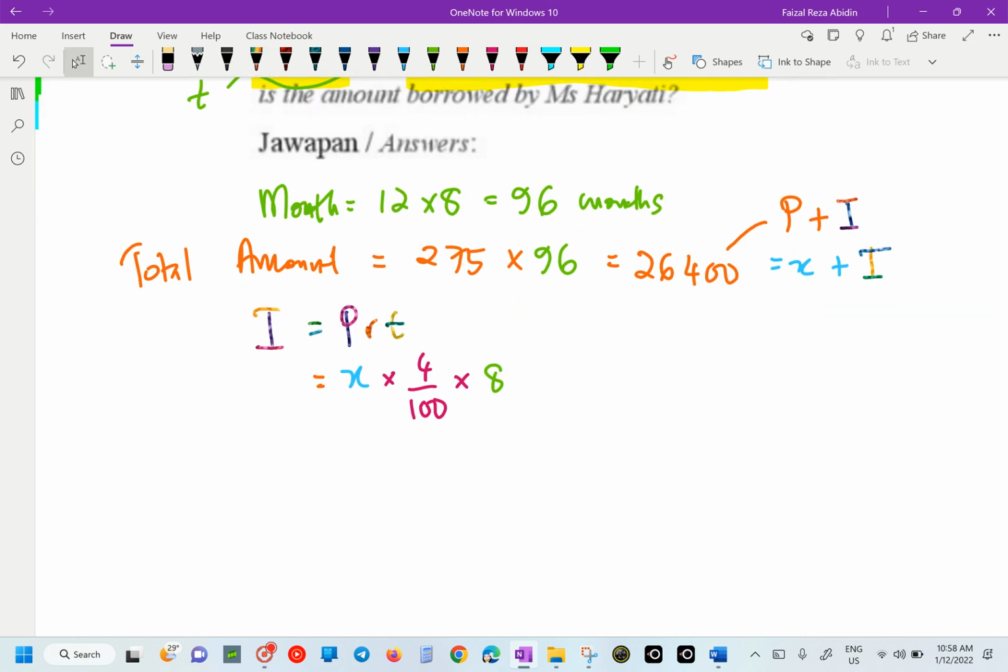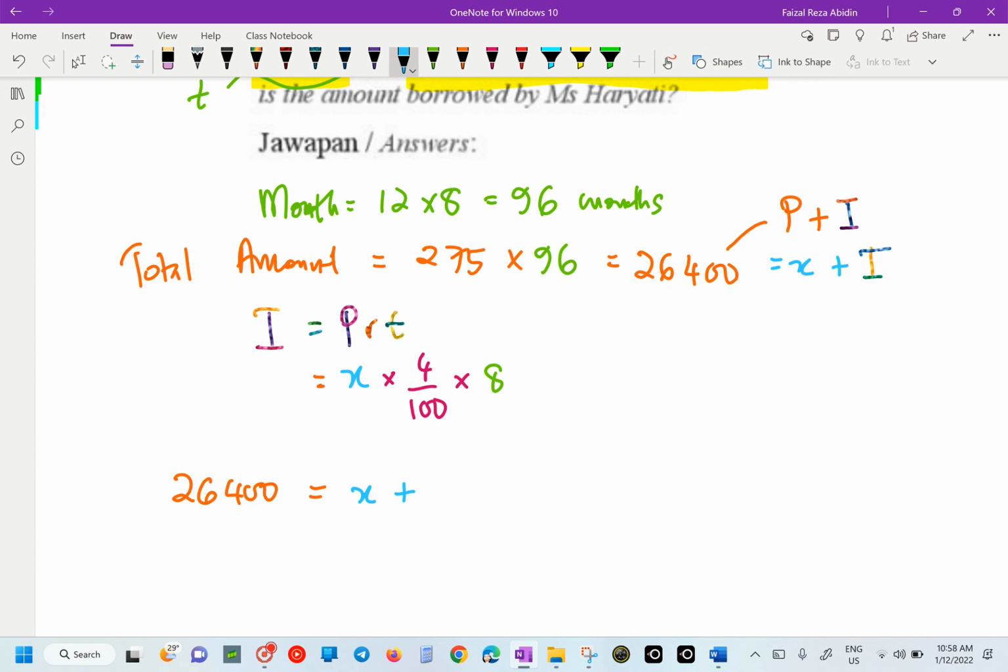Everyone just staring at me. Okay. So what I'm going to have here: 26,400 equals P plus I, isn't it? Means we have X plus I. So I just write X plus the interest that we have from simple interest, which is X times 4 over 100 times 8.